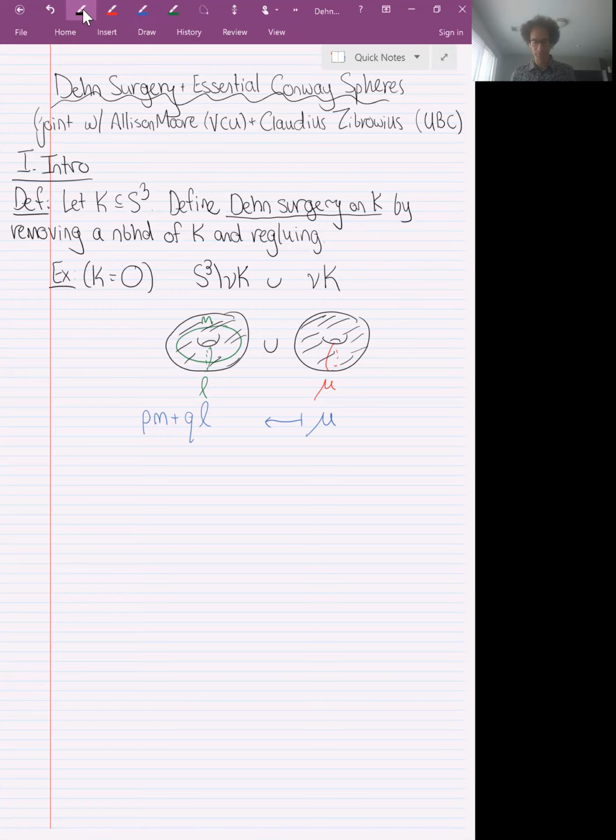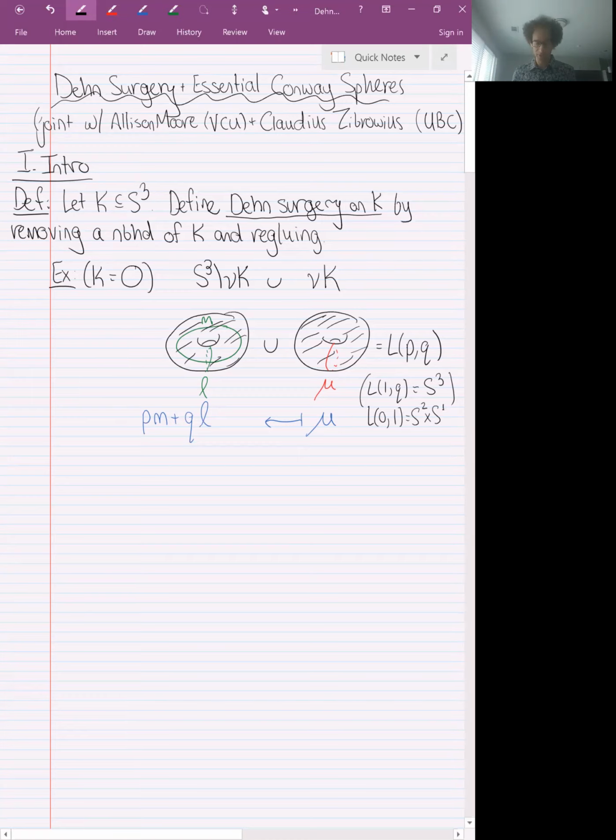So I'm gluing two solid tori together, and what I get is a lens space. That's just the result of gluing two solid tori together. Now I have to be a little careful about what I mean. When I talk about L(1,Q), here I'm just getting S^3. And when I do L(0,1), I get S^2 times S^1.